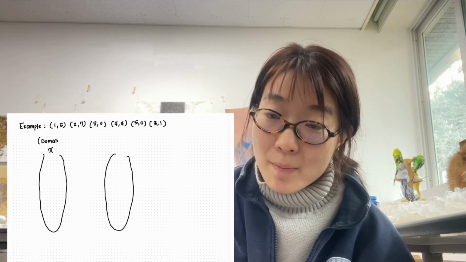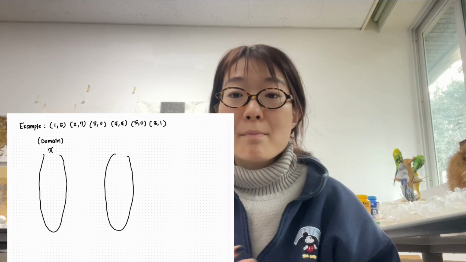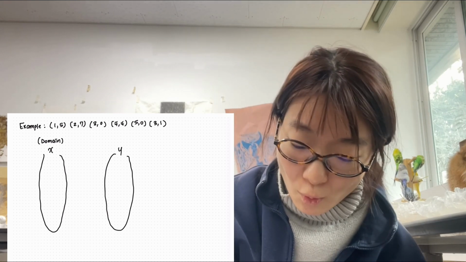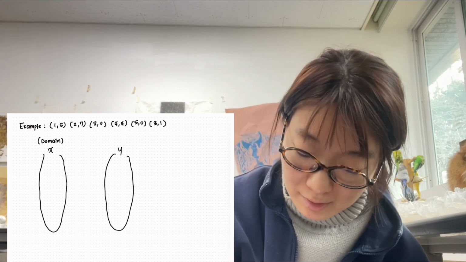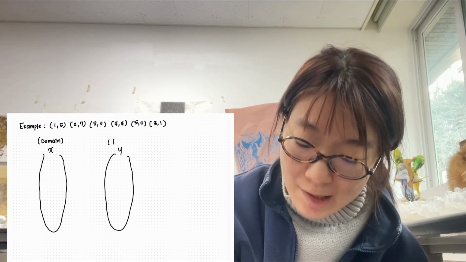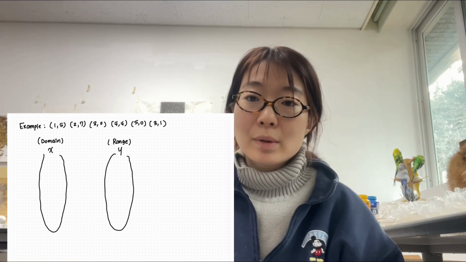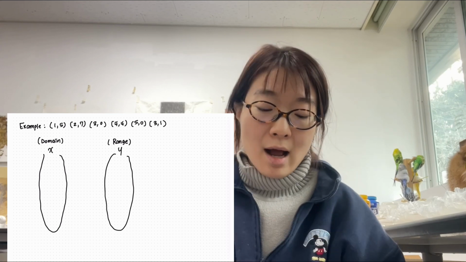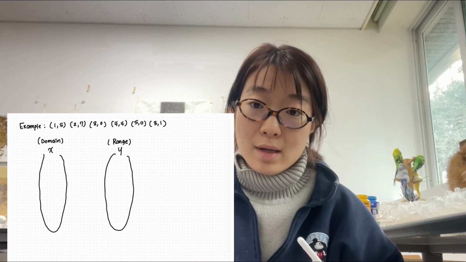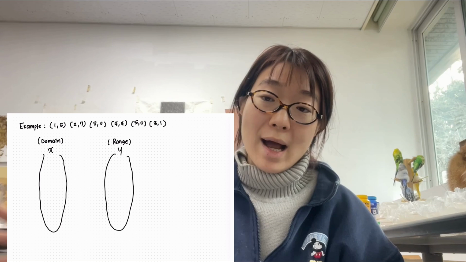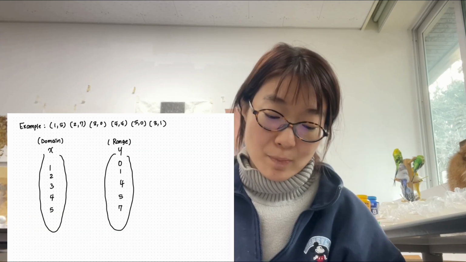And then in the other pocket, I'm gonna go ahead and put y, my range or output values. And what I'm gonna do is I'm just going to list all the domain, so x values into the domain bag and all the y values into the range bag.